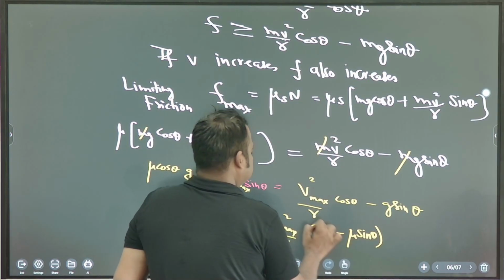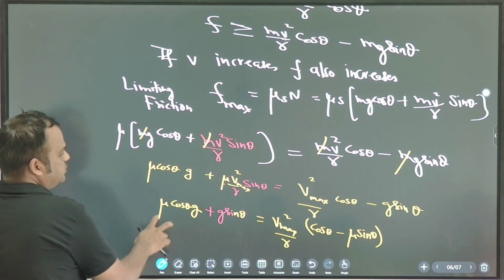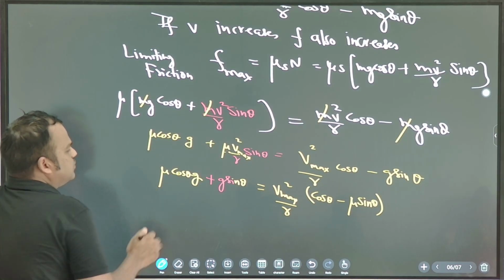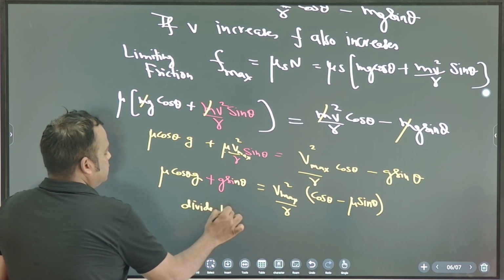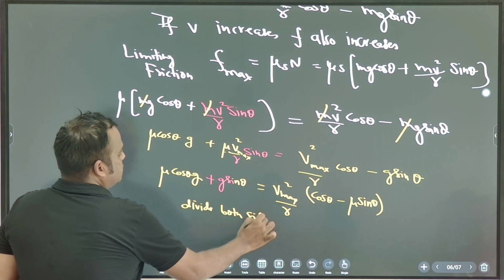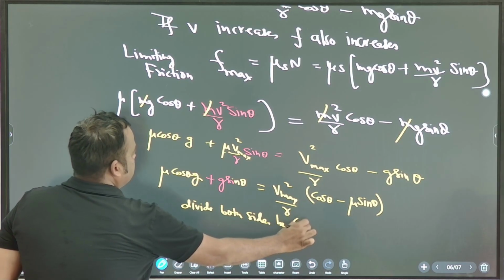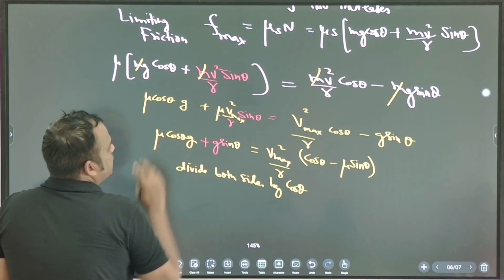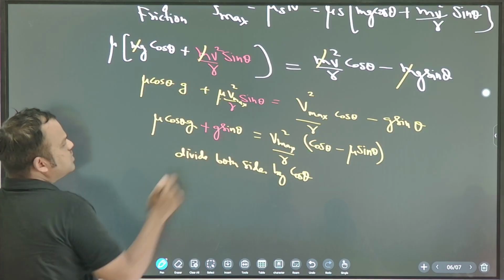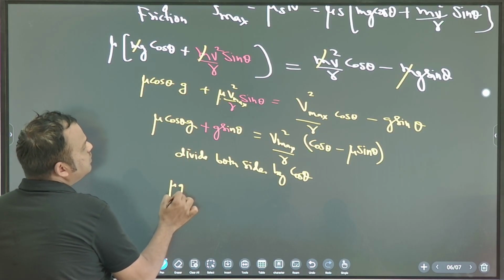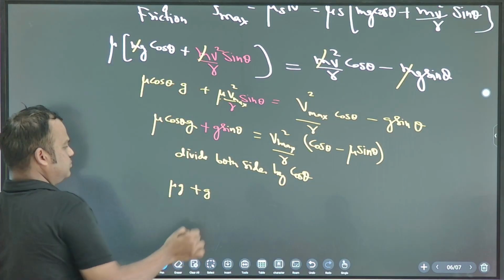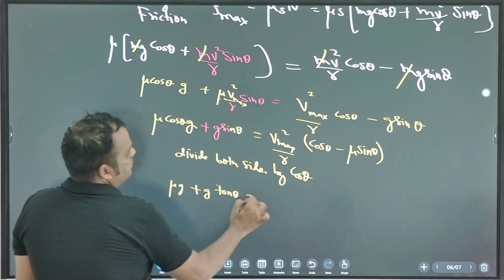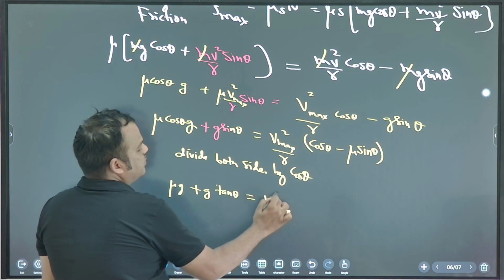Are you getting? Cos theta minus mu sin theta. Now divide both sides by cos theta. What do you get? Mu g plus g sin by cos, tan theta, is equal to V max square by R.